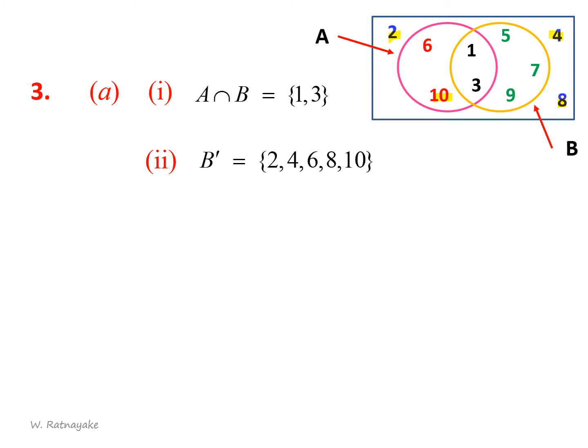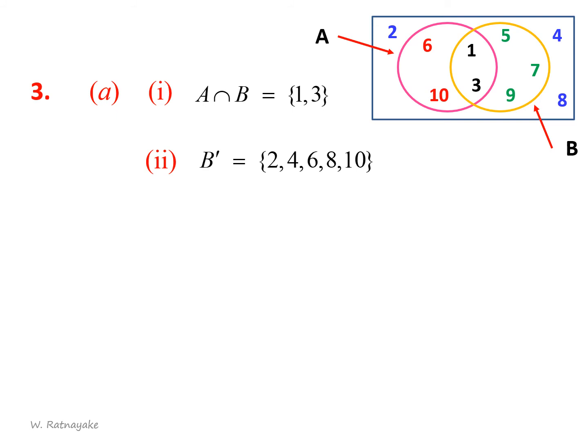We can write them in order like this, but order is not so important. Only the elements are important for the answer. So we have written the set as 2, 4, 6, 8 and 10. This is the answer for the second part, the elements of the set complement of B.